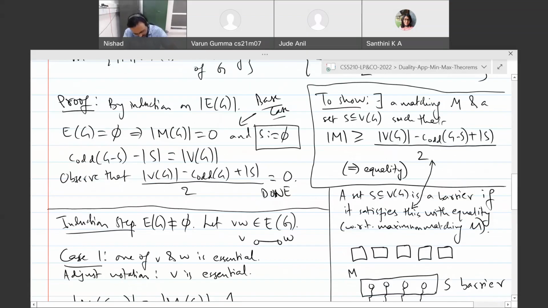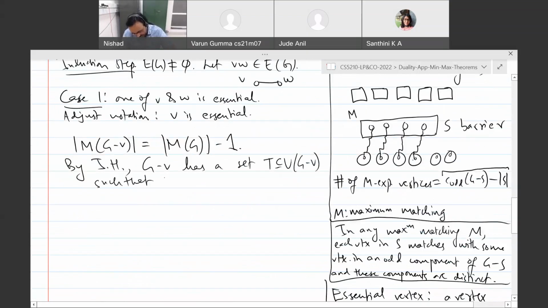Okay, so the cardinality of the maximum matching in G minus V is exactly equal to the number of vertices in G minus V minus the odd components in G minus V minus T plus the cardinality of T, whole thing divided by 2.